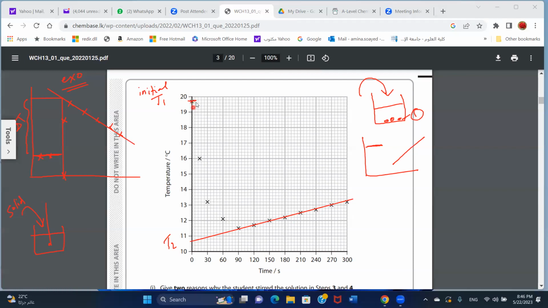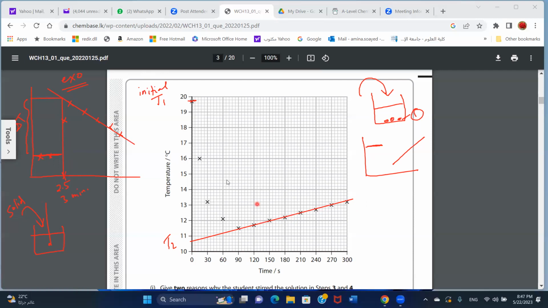If they started to add the solid at, for example, 2.5 minutes or 3 minutes, that's why we extend our line until it meets the time at which the solid is added. But here the solid was added from the beginning, from 0 time. Understand, Yamira? Yes, doctor, thank you.